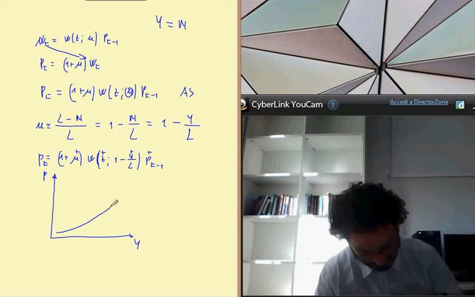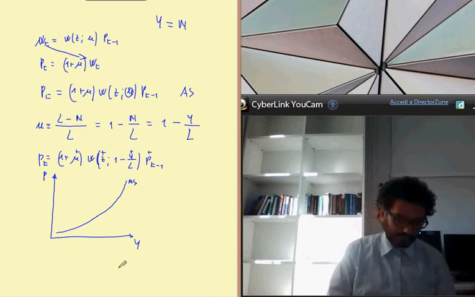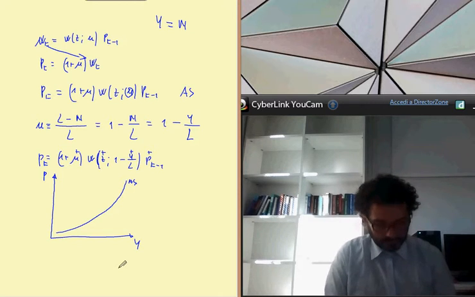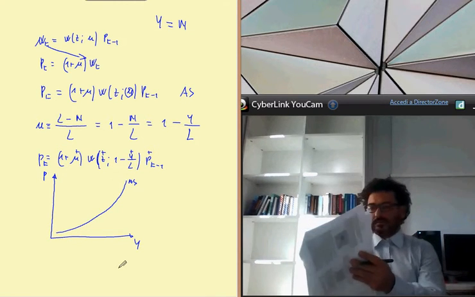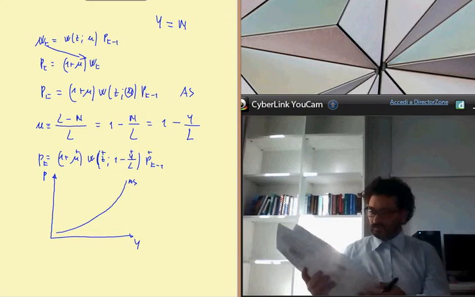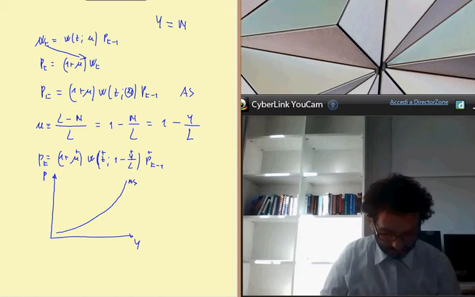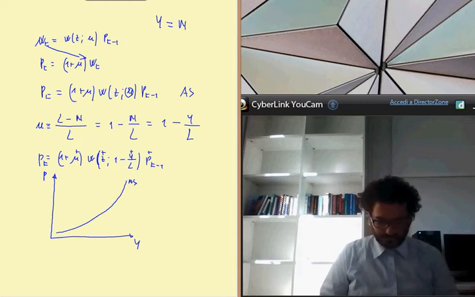The AS relation will shift to the left for an increase in the markup, an increase in Z, but also if prices at t minus 1 increase, so if there is a change in the expectation of prices for time t, also in this case the AS relation will shift to the left.